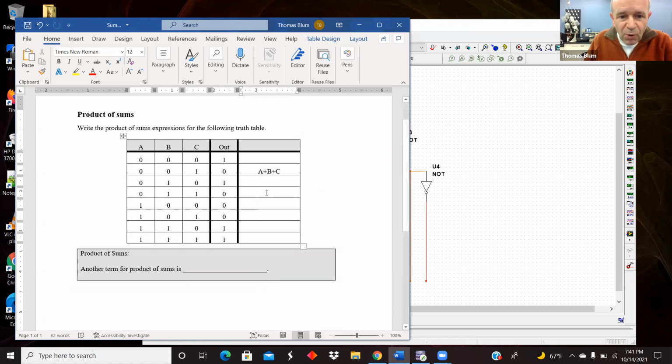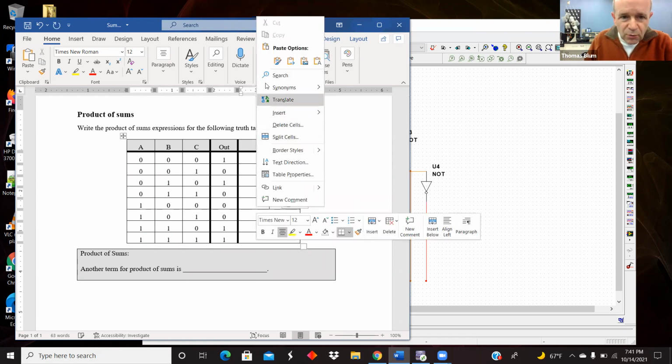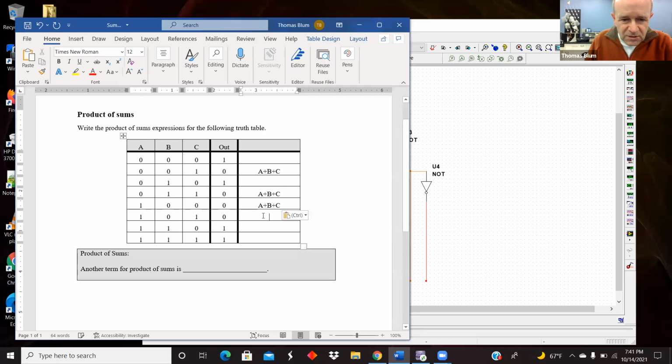I'm only working with the zero outputs. Okay, those are not the expressions. I'm not done yet, but we're working with a sum expression, but plus really means OR in this notation.